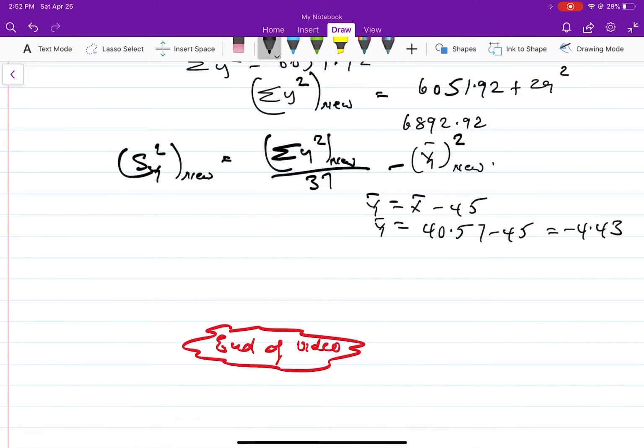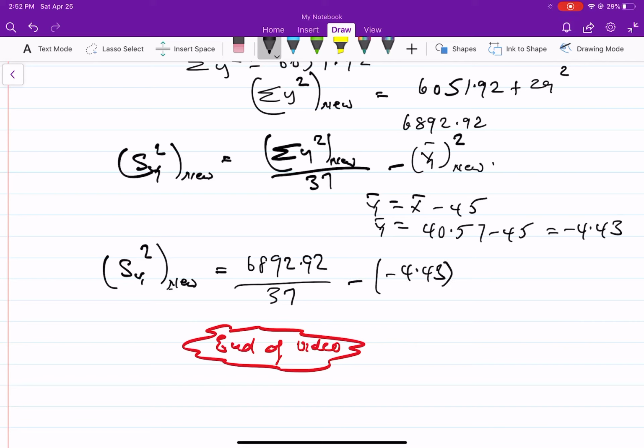And therefore, if I plug in, I get the new sy squared is equal to 6892.92 upon 37 minus minus 4.43, all squared.